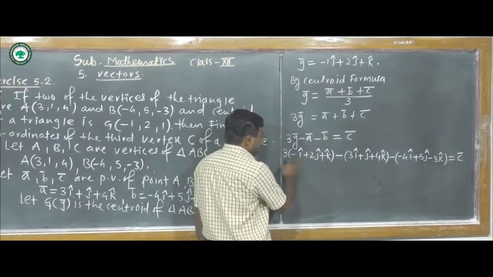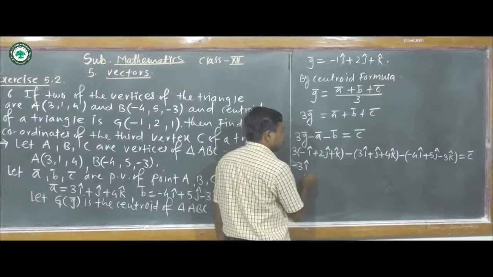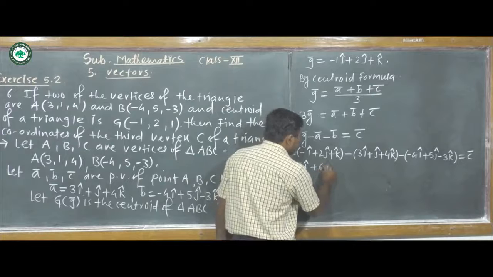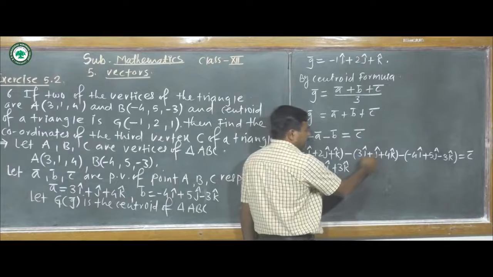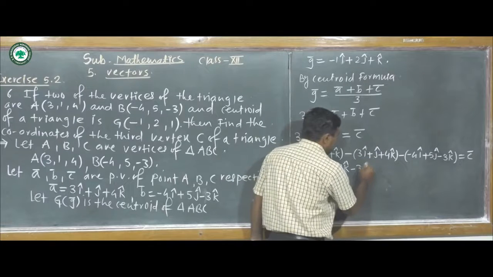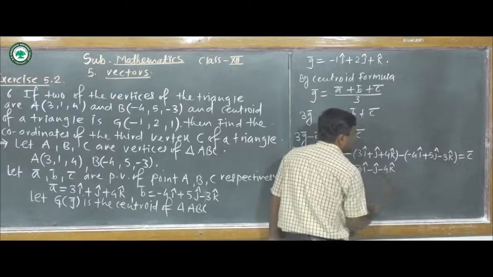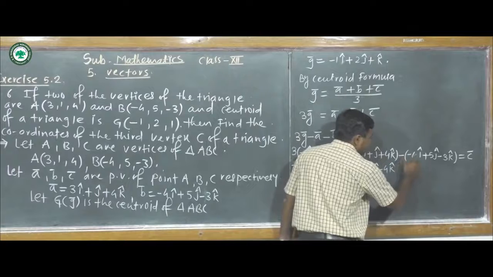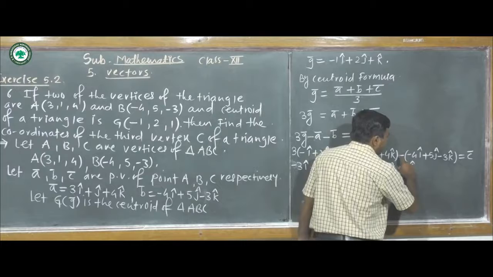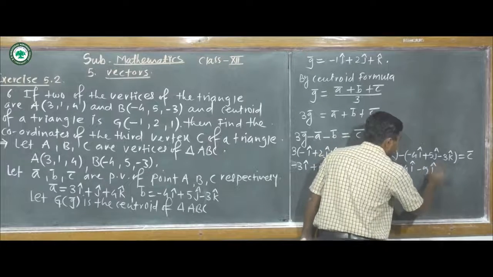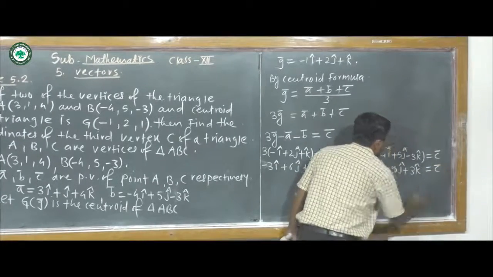Multiply the first bracket by 3: 3 into -1, that is -3i cap, plus 3 into 2, 6j cap, plus 3k cap. Now multiply the second vector by the minus sign, so it becomes -3i cap minus j cap minus 4k cap. Also multiply this bracket by the minus sign: minus minus becomes plus 4i cap, minus 5j cap, and plus 3k cap, is equal to c bar.